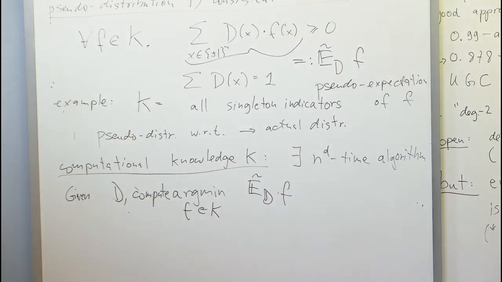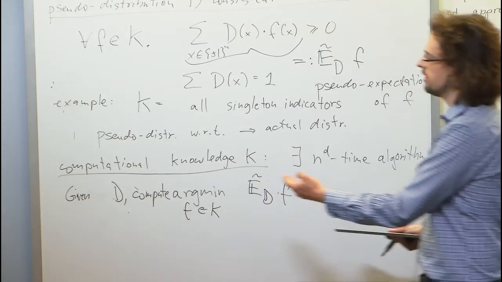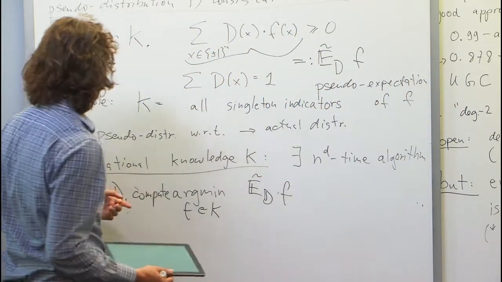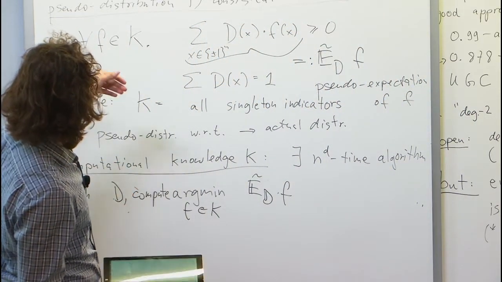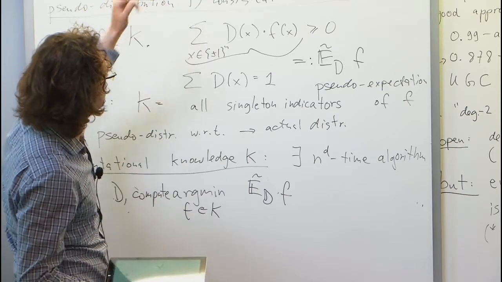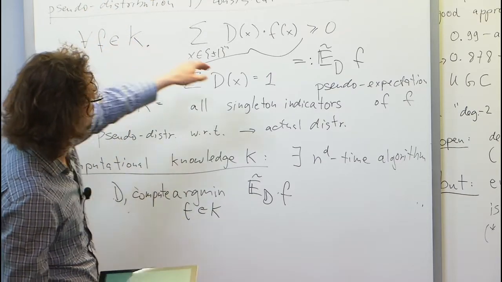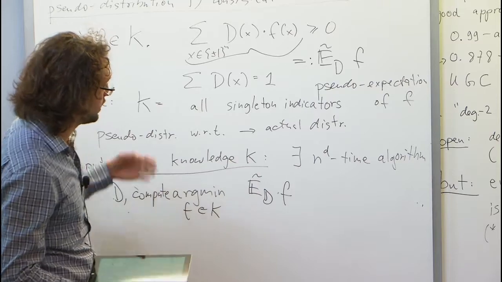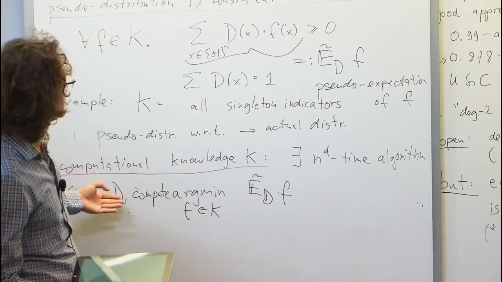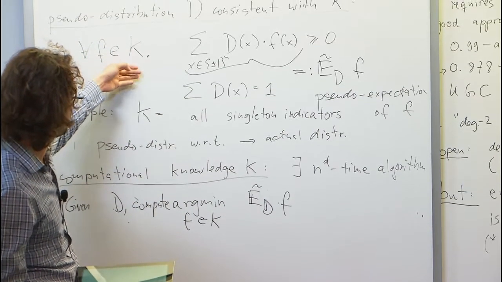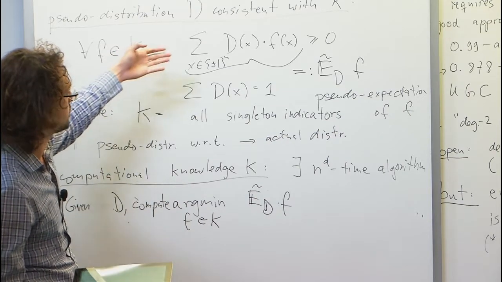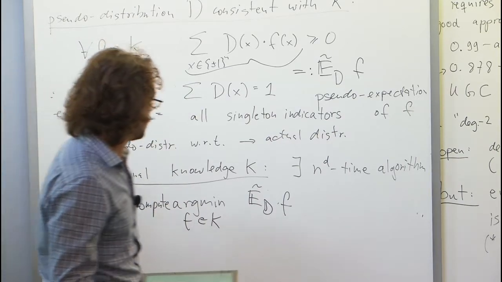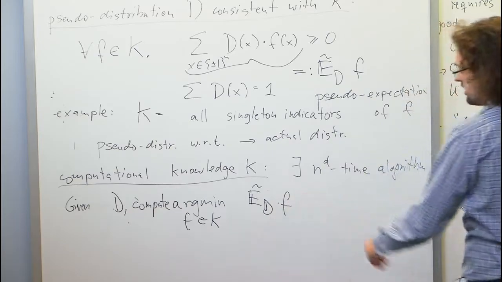A different way of thinking about it is that given some function d, you want to be able to tell whether it's consistent with the knowledge K, in the sense that all these pseudo expectations are non-negative. If d is not consistent with the knowledge K, then you want to find some function f where the pseudo expectation is negative.